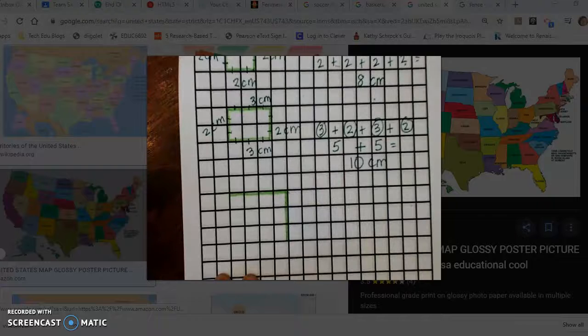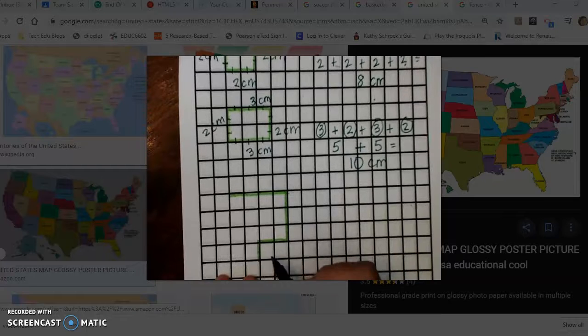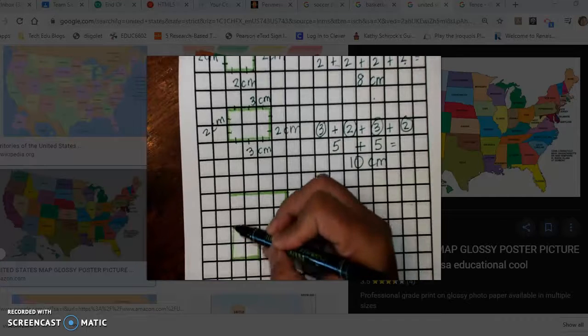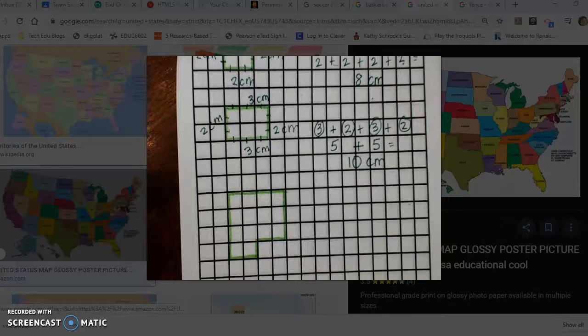And then it does something crazy. Ready? It goes 2 centimeters long. And then 1 centimeter long. And then another 2 centimeters long. And then 4 centimeters this way. So make sure you draw that shape on your paper.